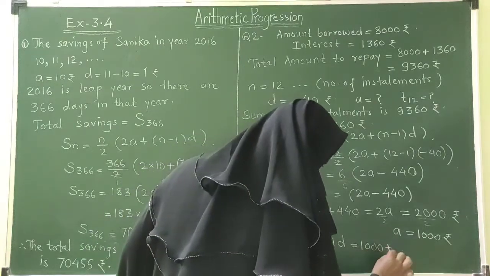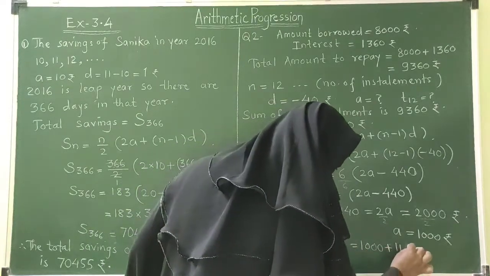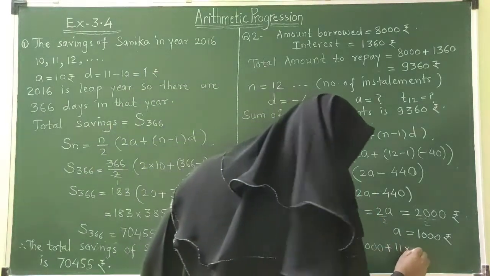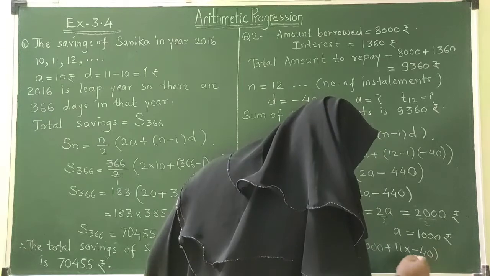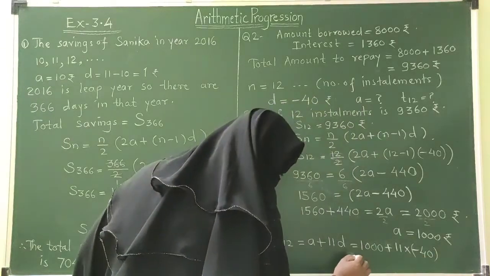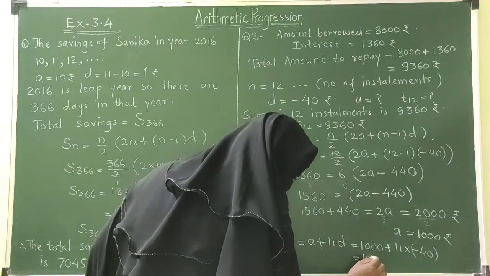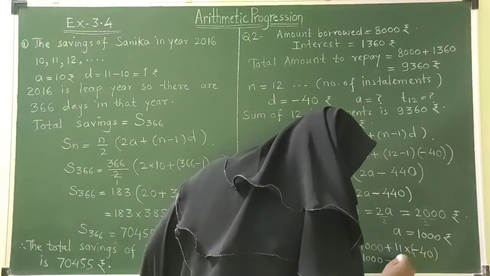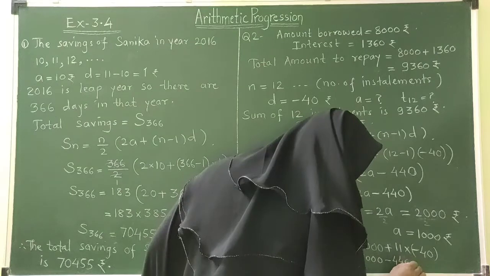Plus 11 into d, which is minus 40. We get here 1000 plus 11 into minus 40, that is minus 440.